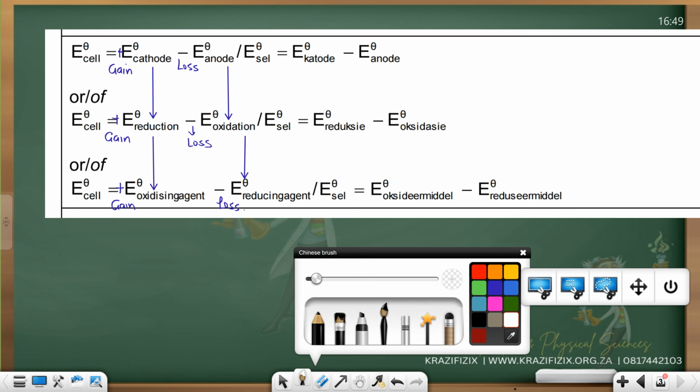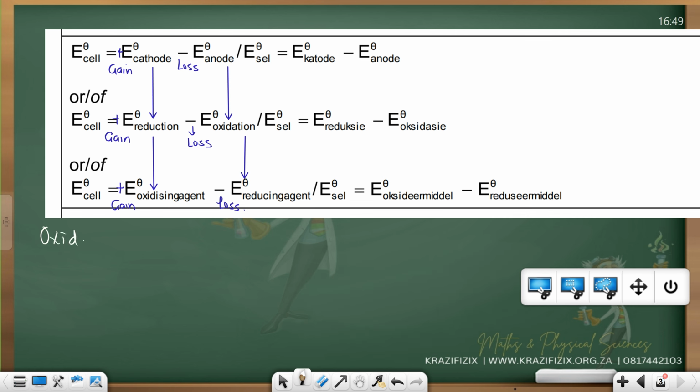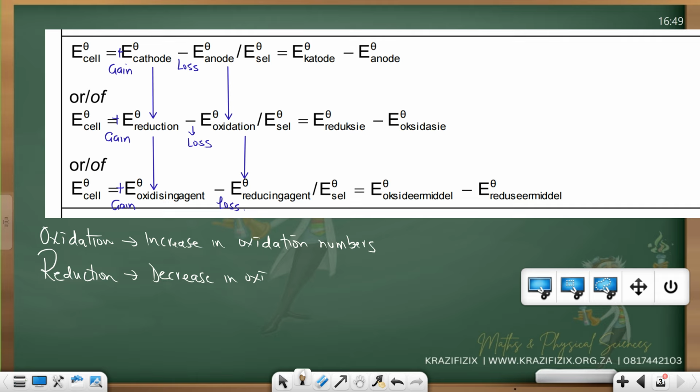An increase in oxidation number. Increase in oxidation numbers. That's the key, numbers. While reduction is a decrease. Okay, so your 6 definitions are done.